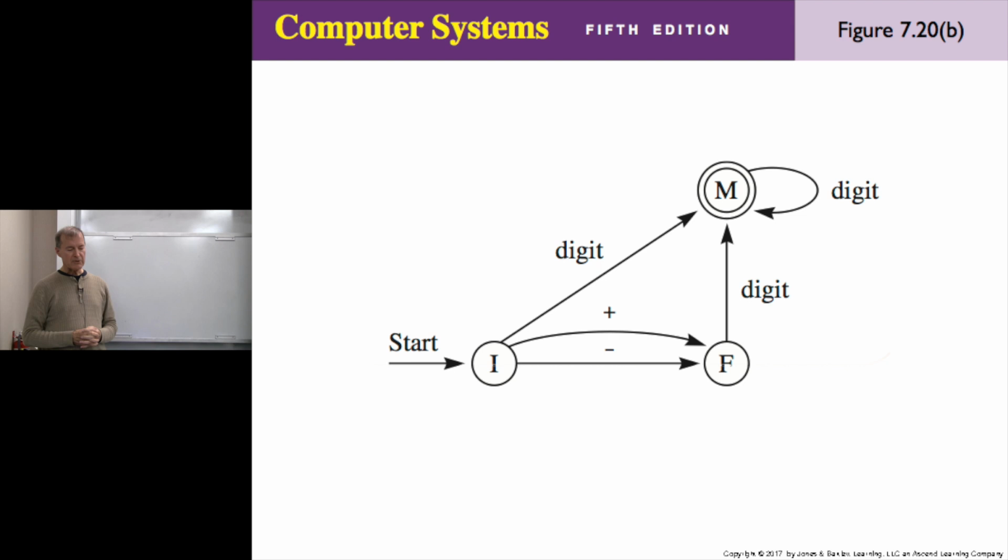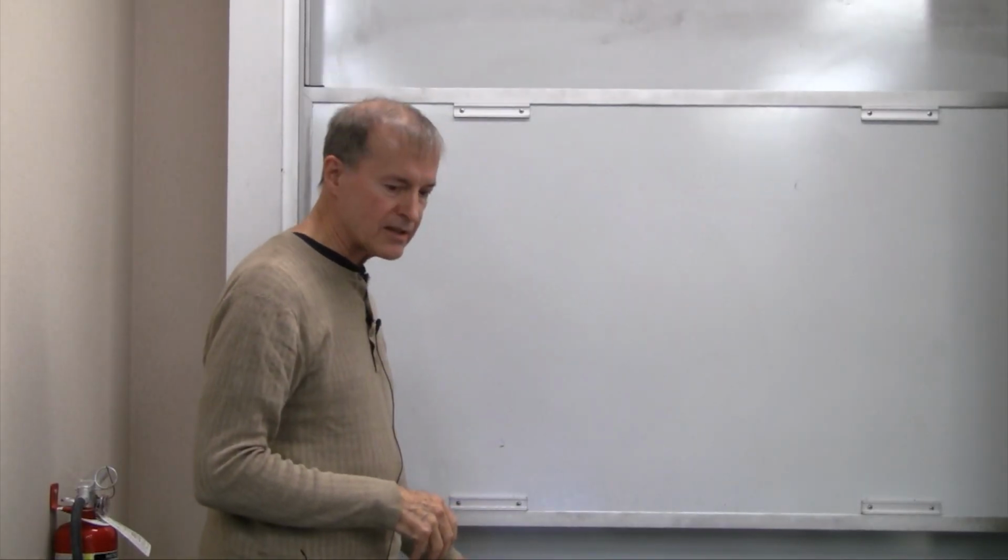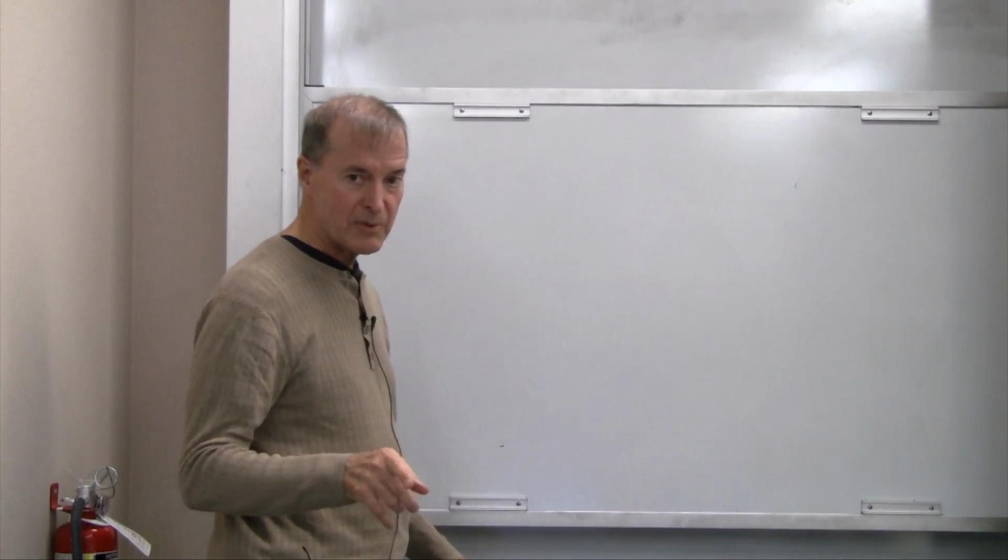Now, can you tell by looking at figure 7.20b what this finite state machine recognizes? Signed and possibly unsigned integers. Yeah. So is everybody clear?